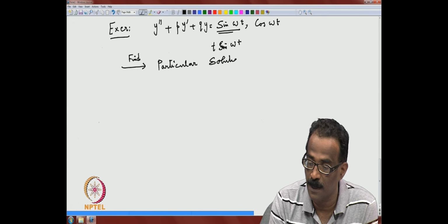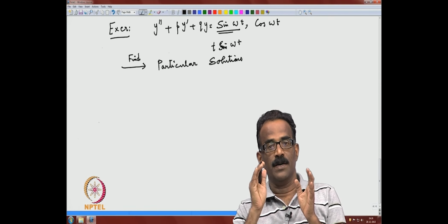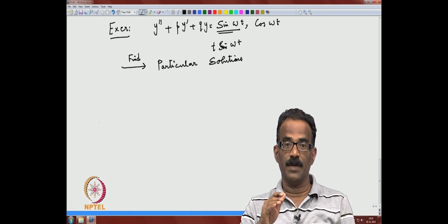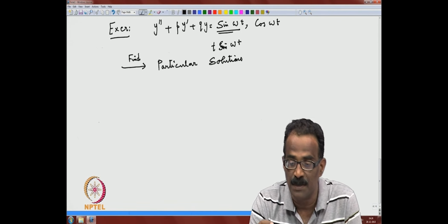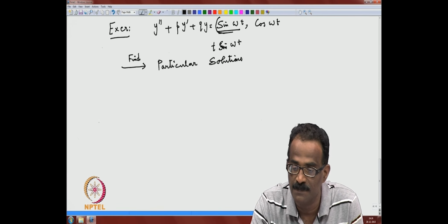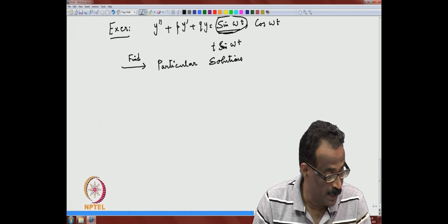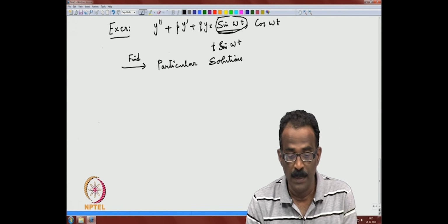This completely analyzes the situation for a second order equation with constant coefficients, even with particular signals on the right hand side, like e power omega t, sin omega t and other kinds of things which you can do completely.